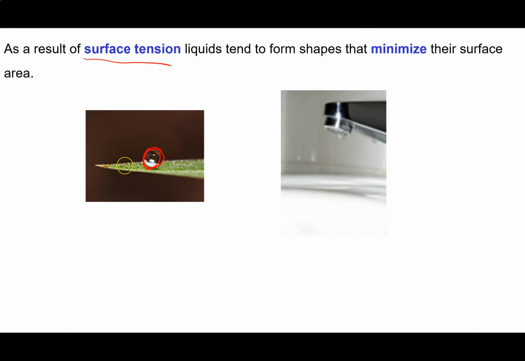Even these tiny little ones form that shape, and that's an attempt to reduce the amount of surface that is being formed. When water drips from a tap or a faucet, you'll see the same thing. It tries to form a spherical drop as quickly as possible to reduce its surface area.